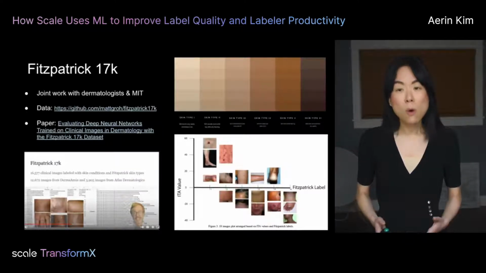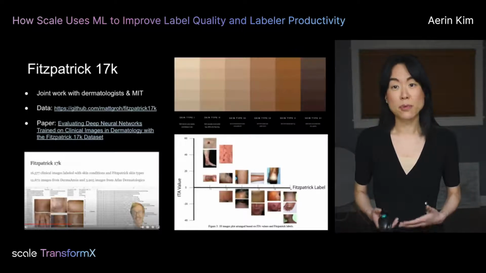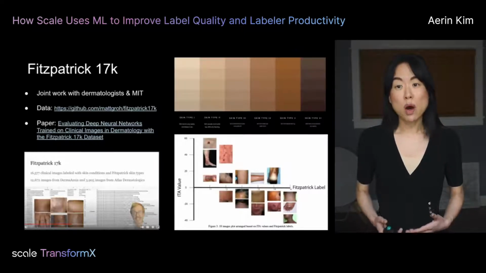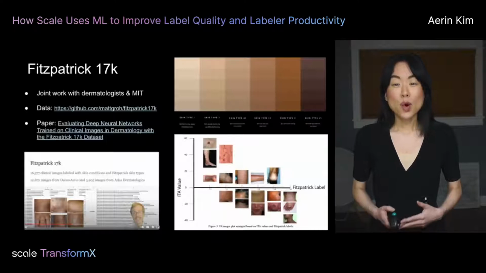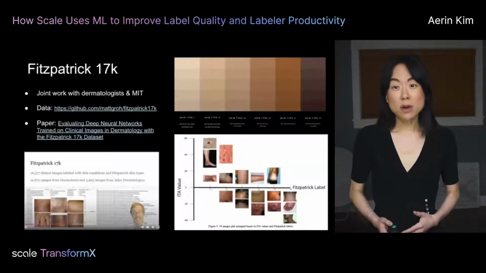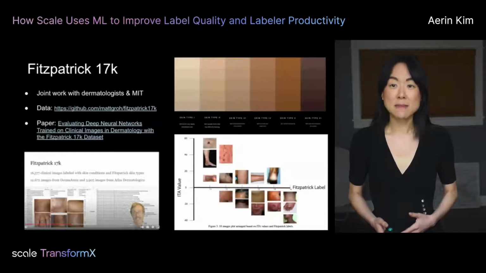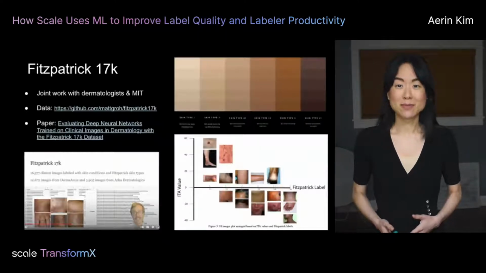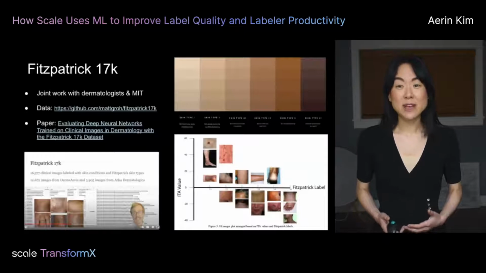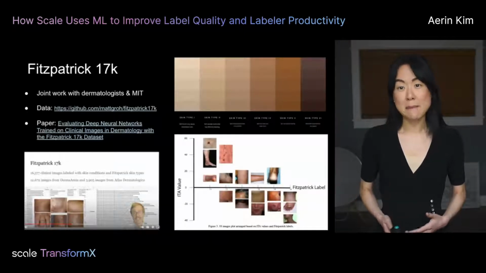And of course, that affects the model prediction. And we wanted to contribute to balancing the data by labeling more darker skins in clinical images. We won the honorable mention award for this work at CVPR Skin Image Analysis Workshop. We also had really good feedback from both computer vision and medical community.